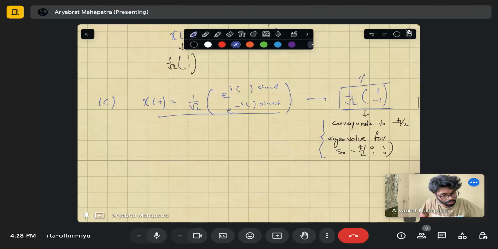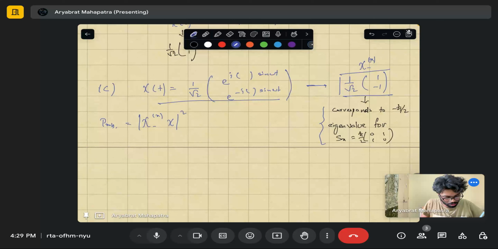So the probability is the inner product of chi minus x with chi, then after taking the inner product, you take the absolute square of that inner product. That is how you take probability.